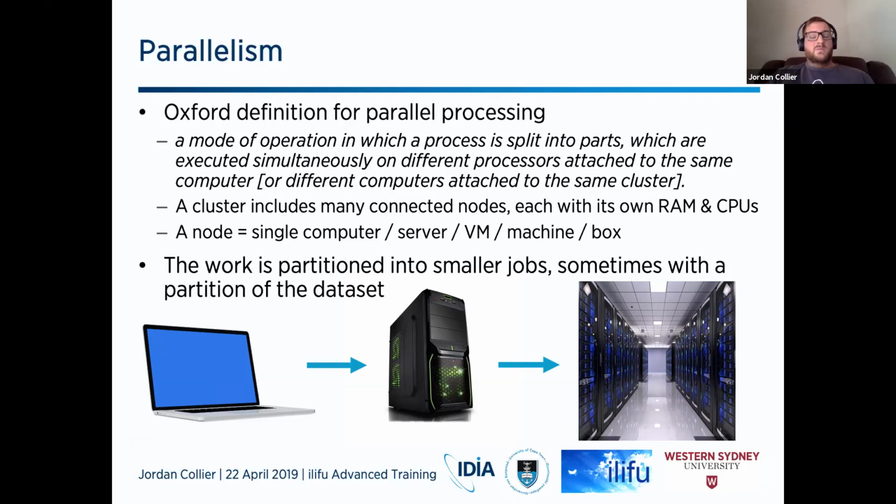So in order to process in parallel, you often partition the work into smaller jobs, each receiving a partition of the data set and performing its work and then bringing it back to the master worker, which is able to accumulate all of the work completed amongst all the workers and then go from there.